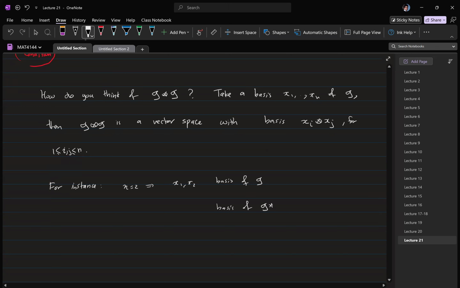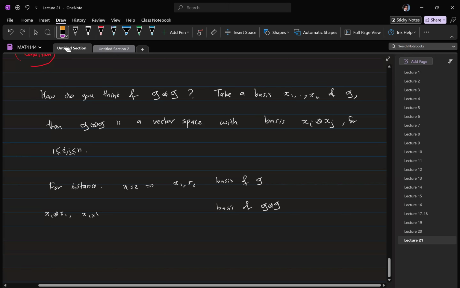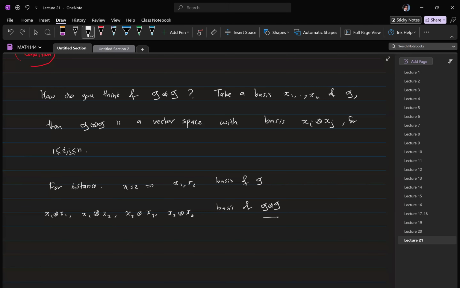And the basis of G tensor G consists of the four vectors x1 tensor x1, x1 tensor x2, x2 tensor x1, and x2 tensor x2. So every vector in here is a linear combination of these four. Okay? All is good so far?